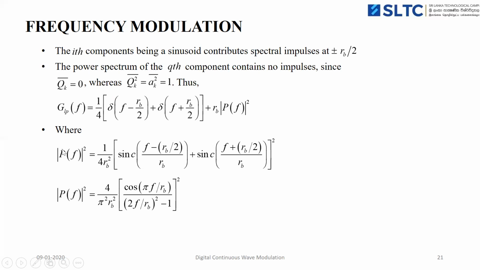So here is the power spectrum for the rectangular pulse. Since here we are using the in-phase component, the sinc function depends on the in-phase component. So this is the final expression for the rectangular pulse of the FSK modulation.